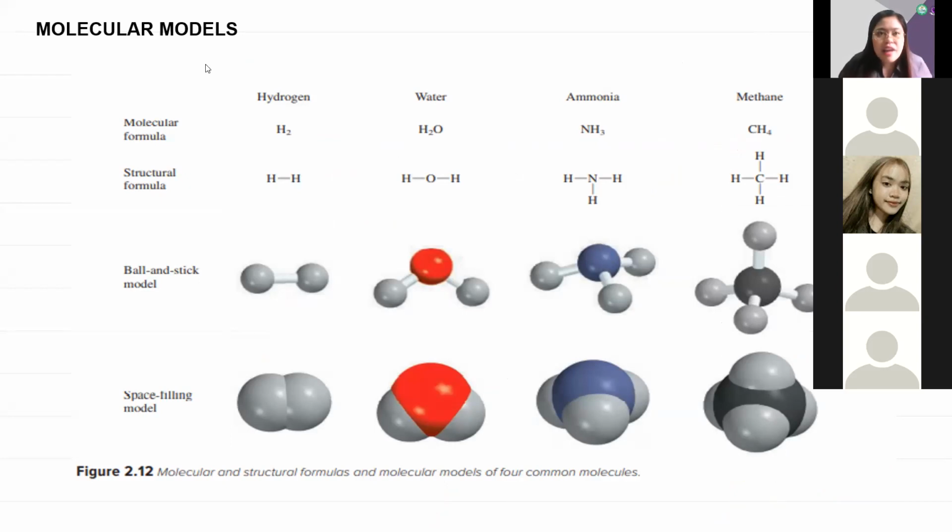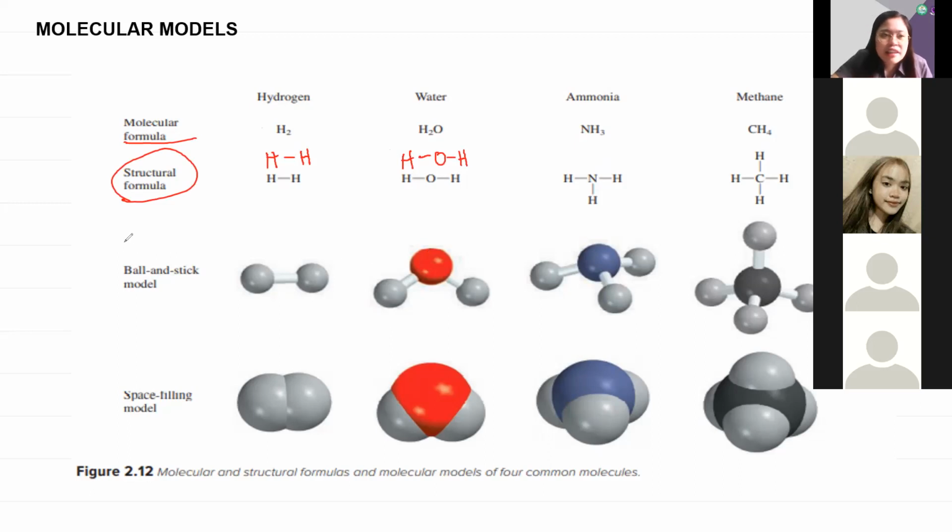Pero pag nilagay ko na siya, dinraw ko na siya, like this one, nilagyan ko siya ng bonding in between. Pinakita ko yung bonding niya. Ang tawag dyan, class, structural formula. Okay? Ito kasi nililist lang yung element and ilan ang number of atoms. Pero pag structural formula na, we will really see the bondings between the elements.